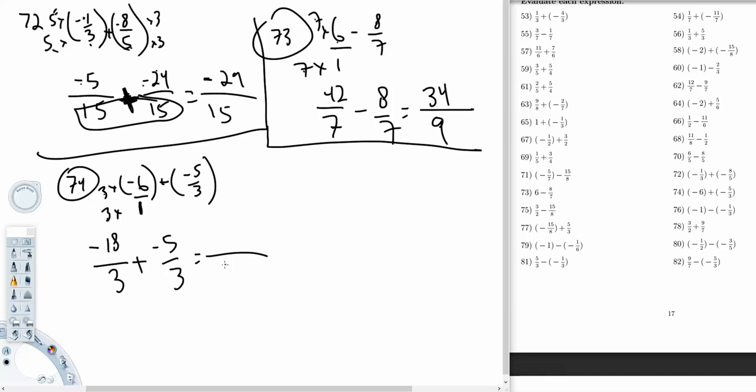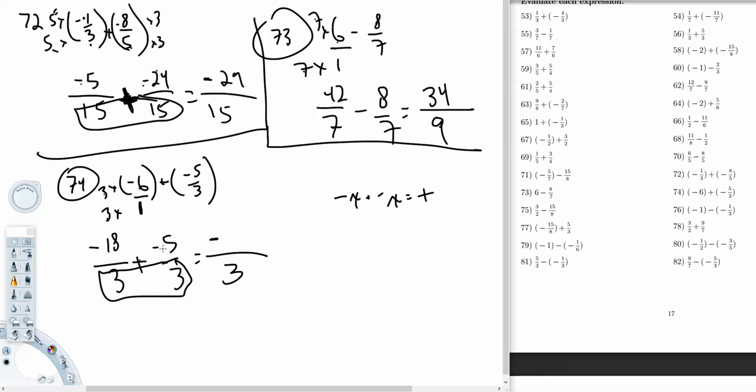So first thing we're going to do is carry over the denominator, because when we add or subtract, we can't carry over the denominator. So minus 18 plus minus 5. Now anytime you have a plus sign and the signs are the same, you just add them up. So here the result will be negative since both are negative. Remember, that's not like multiplying, where negative any number times negative any number equals a positive number.